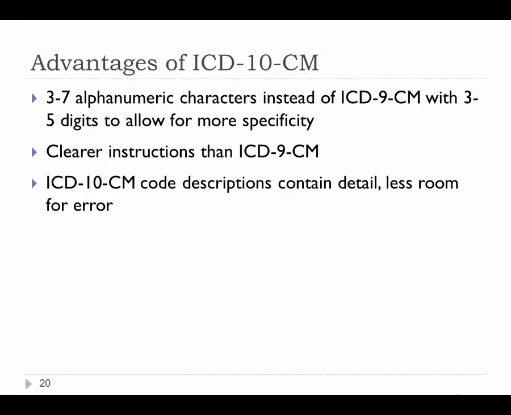The ICD-10 CM will allow for considerably more specificity with more characters for each diagnosis or disorder, thus eliminating considerable error in coding. For example, improvements in the ICD-10 CM will allow for coding laterality of hearing disorders.